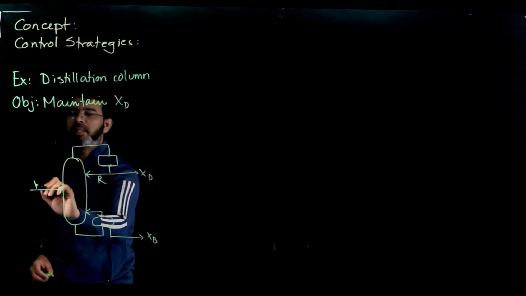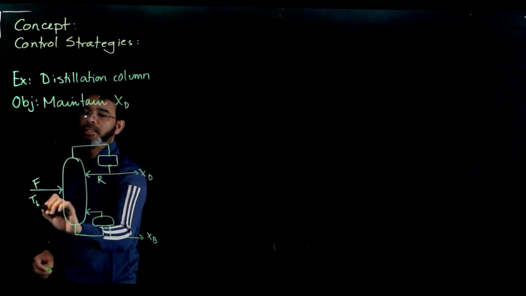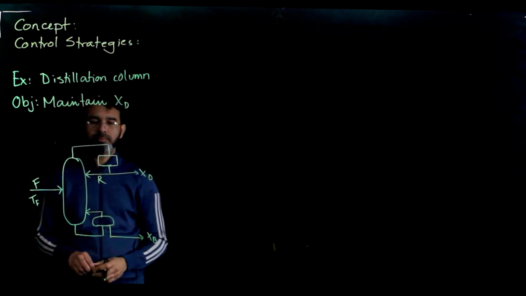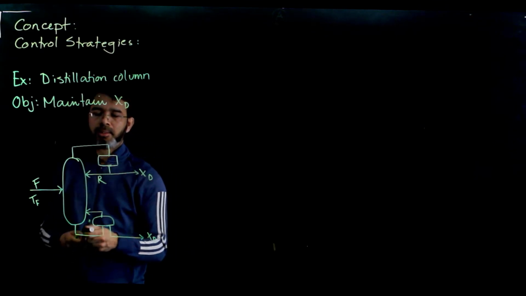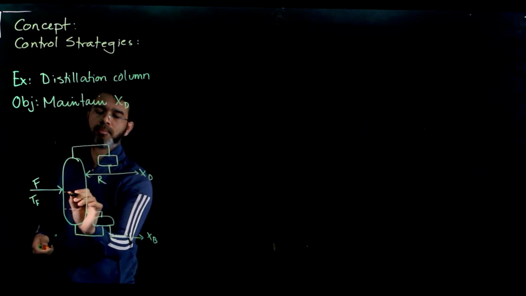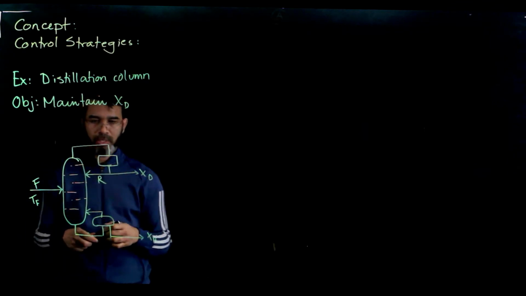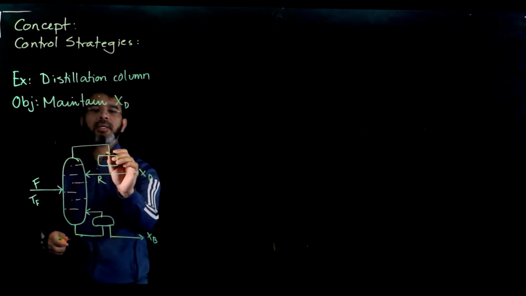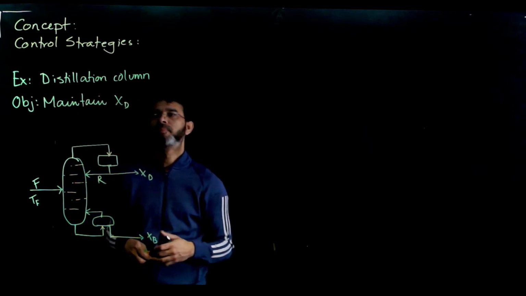So this is the feed. Feed quality can be anything, like the temperature. And there are trays, or it can be a packed column as well. This is just a simple description of the operation of the distillation column.